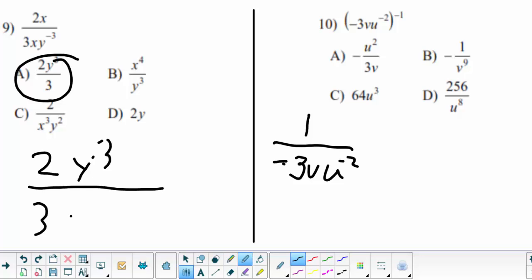So the v on the bottom we can't do anything with. What can we do with that u to the negative 2 power? Turn it to a positive and put it on the top. There you go. So we'd have u squared on top. Well, then you need to cross out that one in the bottom. So you have u squared over negative 3v. So negative u squared over 3v.